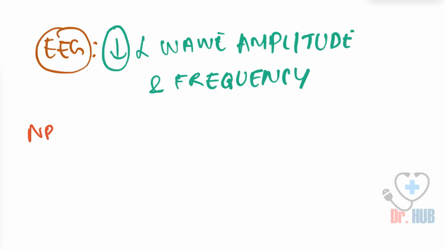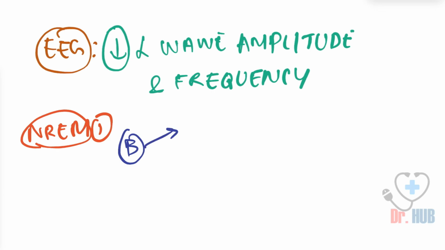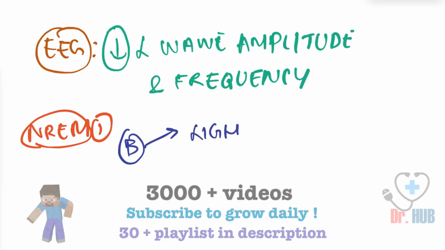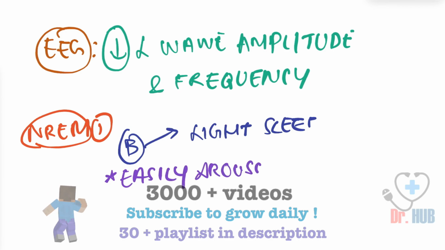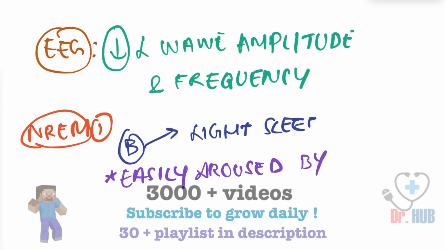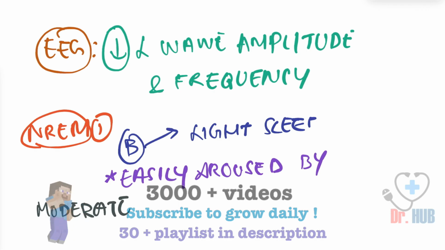Next, when we look at the NREM, we look at NREM1. In terms of NREM1, what is the behavior? The individual experiences a light sleep, and is easily aroused by moderate stimuli or even by muscle jerks.